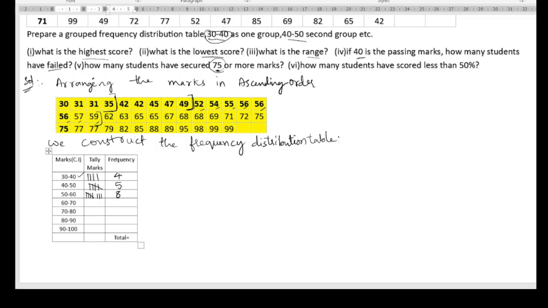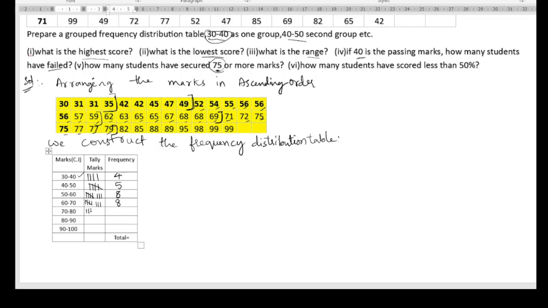Next, up to 70: after 69 we have to stop. 1, 2, 3, 4, 5, 6, 7, 8. So 8 again. Next is 70 to 80. 80 means before 82. 1, 2, 3, 4, 5, 6, 7.